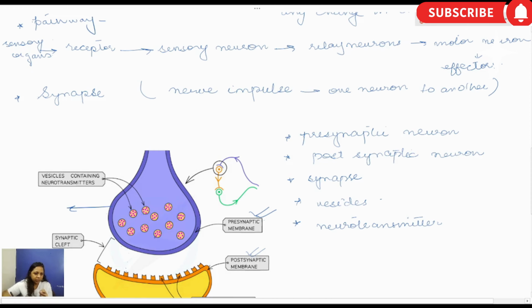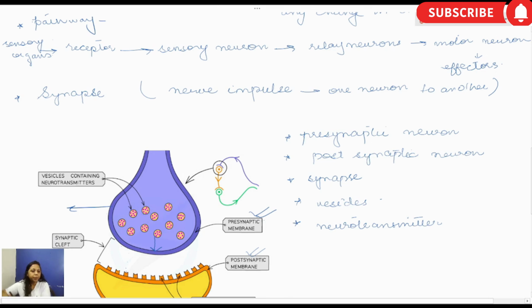Now, these vesicles will move down towards the presynaptic membrane, the outer part of the cell membrane. We call it the presynaptic membrane, or you can also say the cell membrane of the presynaptic neuron. Are you getting me?